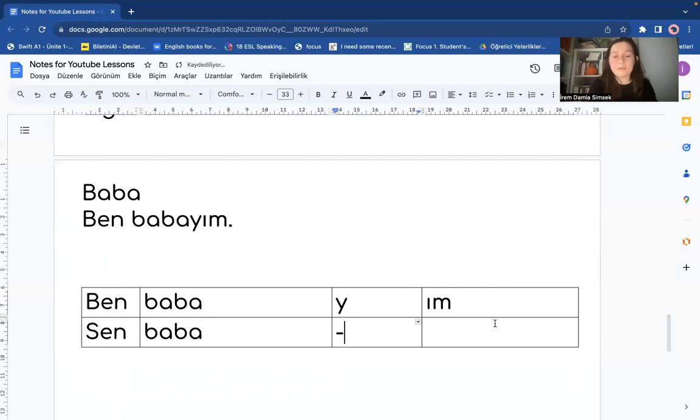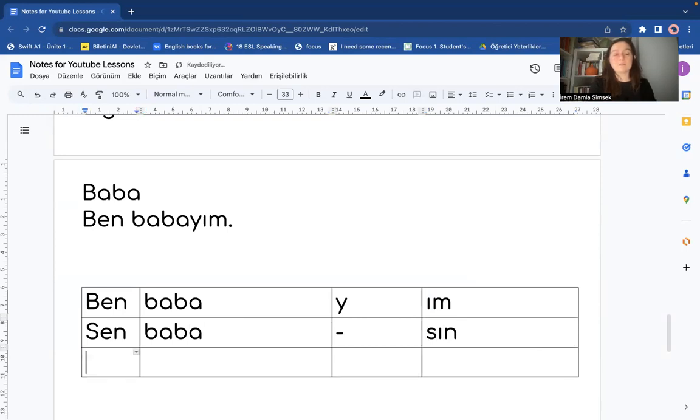I just put a dash here because the suffix starts with an S. Don't forget, the rule works for double vowels: the last letter of the word is a vowel, and the suffix starts with a vowel. That's the combination we are talking about. But the "sın" suffix for "sen" doesn't need it, because it's "baba, sın." So it's one vowel, one consonant here.